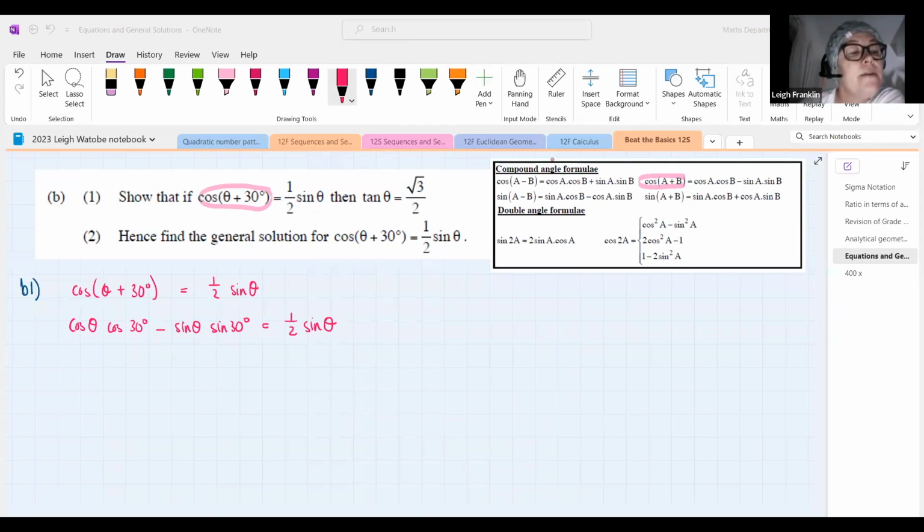So I'm going to write this as √3/2 cos theta minus half sine theta equals 1/2 sine theta. Okay. Good. Next step. After you've subbed in your special angles, what are we going to do now?